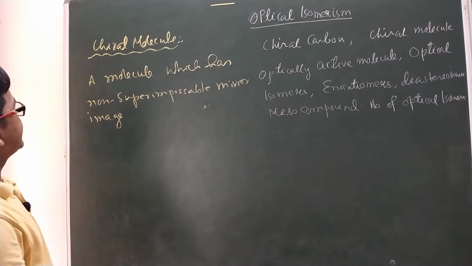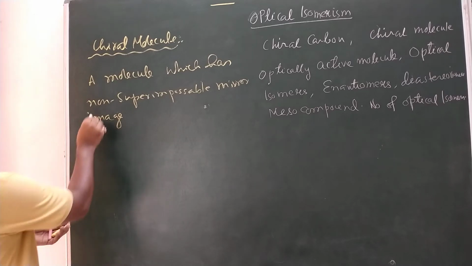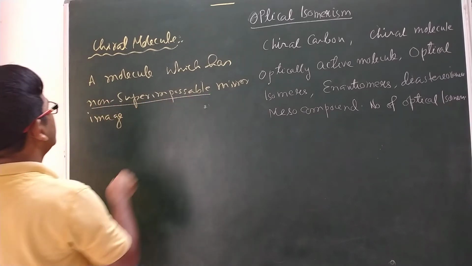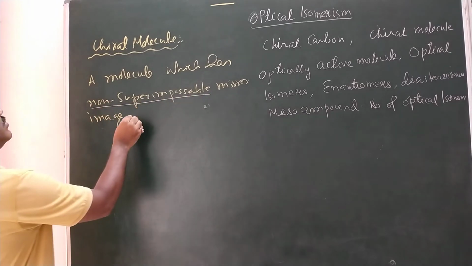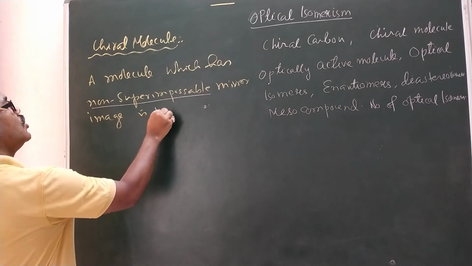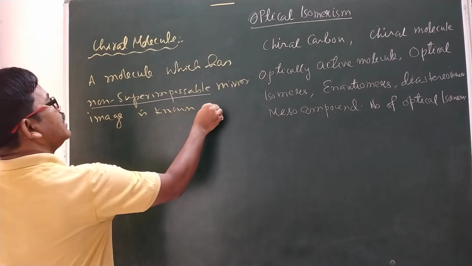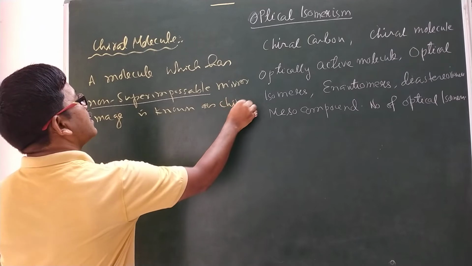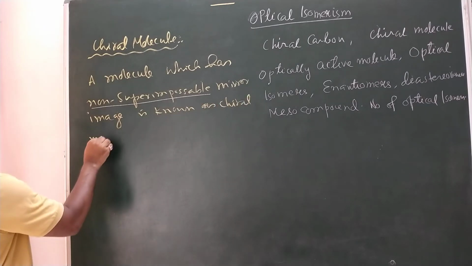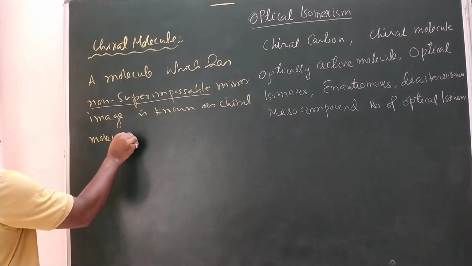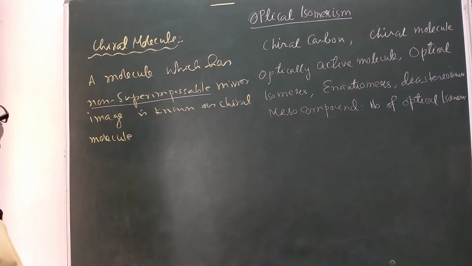A molecule which has non-superimposable mirror image is known as chiral molecule.